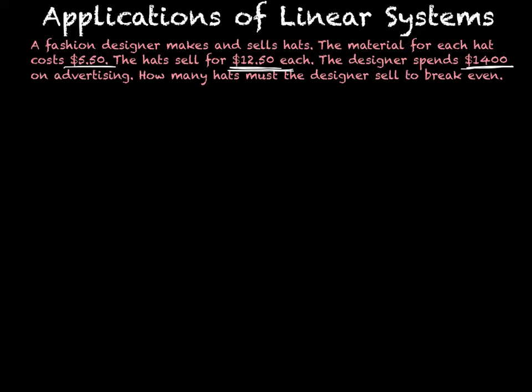So we want the cost to equal the profit. So we want it to balance out, and we want to figure out how many hats she needs to sell in order to do that. So we think about what is the cost or the expense.